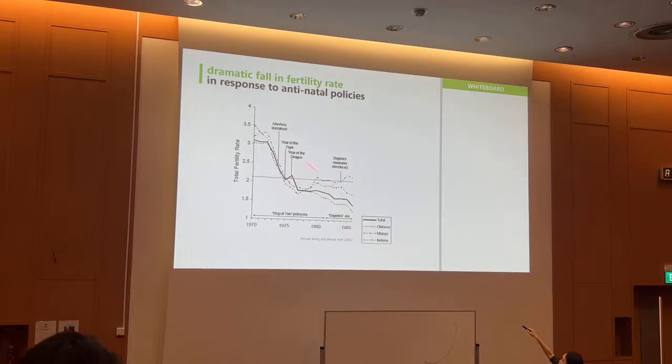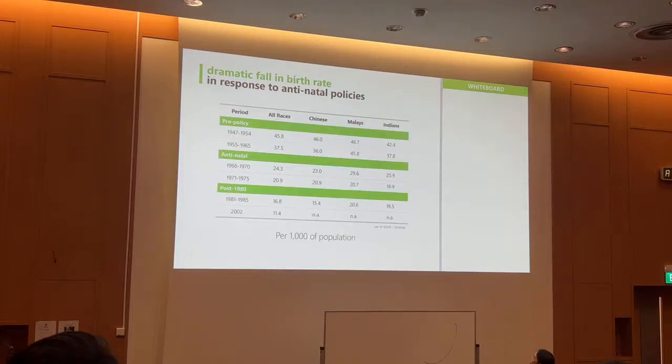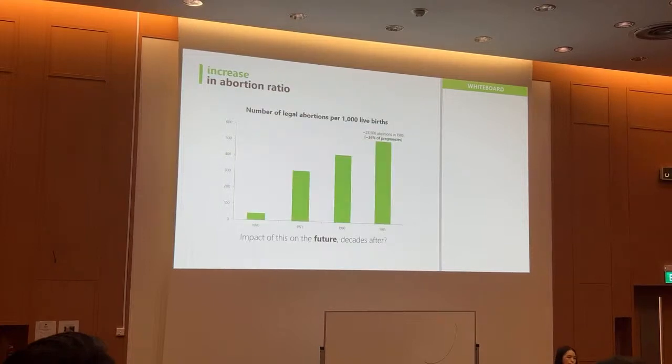This chart is just to show how much the fertility rate has fallen during this antenatal drive. Then these numbers are just trying to show even more indication of how much the birth rate has fallen during this antenatal drive. This table shows the big increase in abortions after the implementation of the Abortion Act and the liberalization of abortion in Singapore.